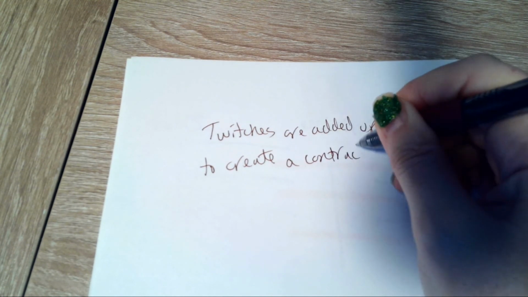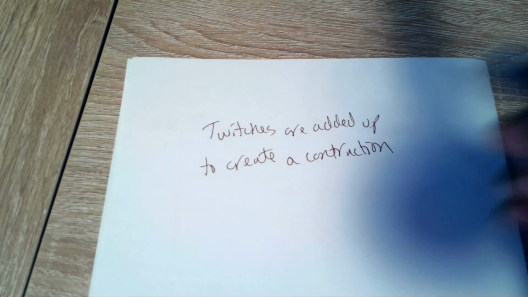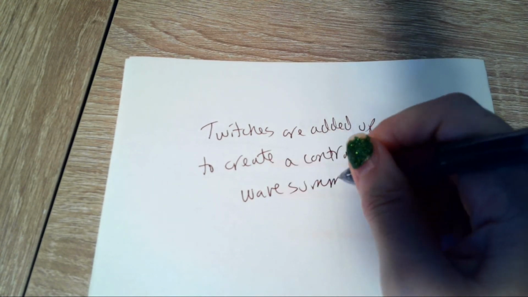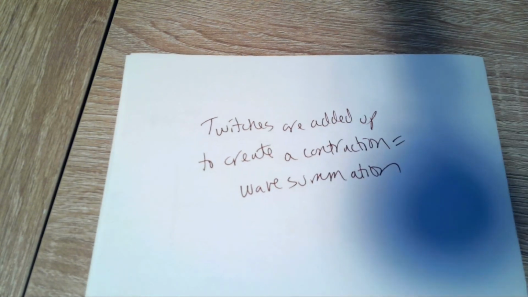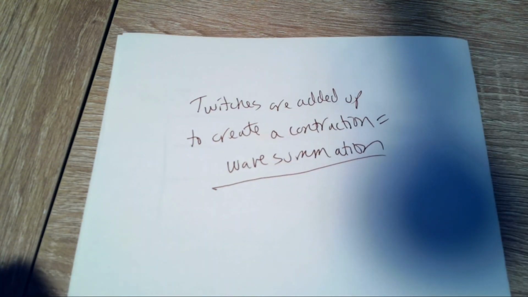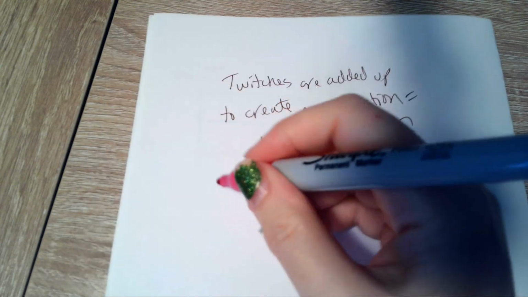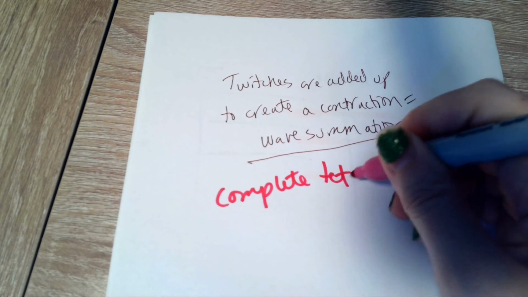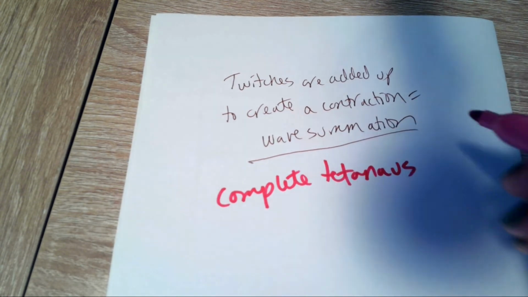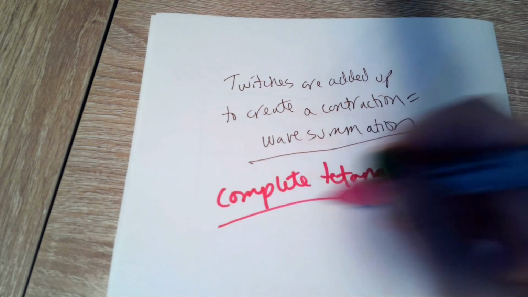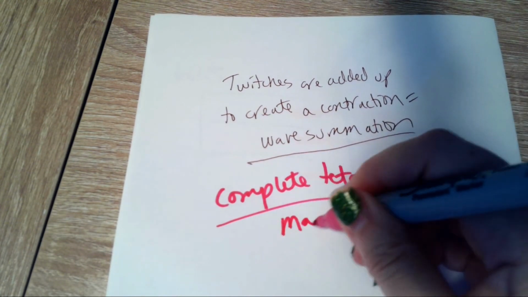And that process of adding twitch upon twitch is called wave summation. Now, wave summation can result in something called complete tetanus. So we can have complete tetanus, and that is maximal tension.